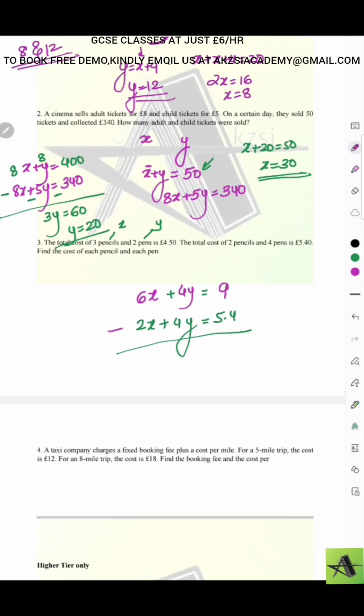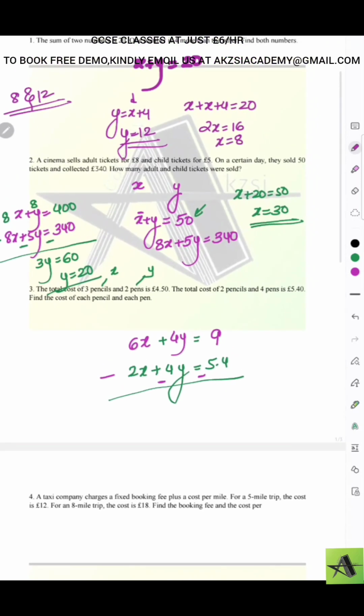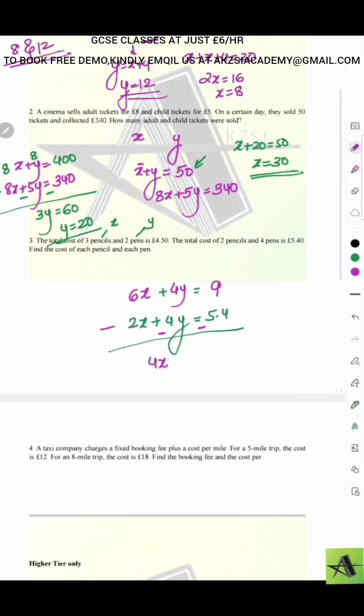Now I just need to subtract, subtract, subtract. That will give me 4x, that's 0, is equal to 9 minus 5.4, which is 3.6. So x will be 0.9. The cost of a pencil is 0.9 pounds.